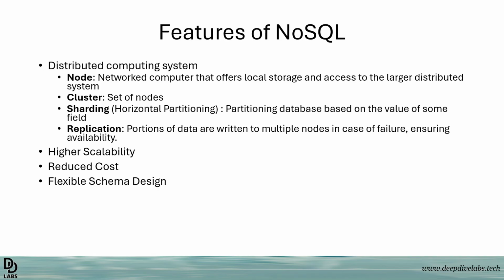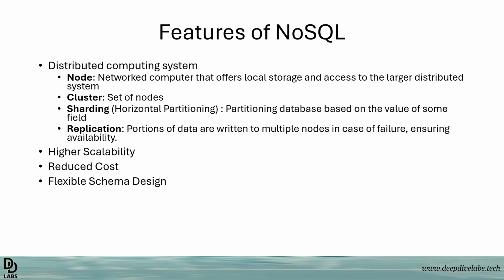And then reduced cost, because for a relational database system, it typically needs to work on sophisticated hardware, whereas a NoSQL database can work on any simple hardware systems as well, because there are multiple clusters that can come together to provide the service itself.